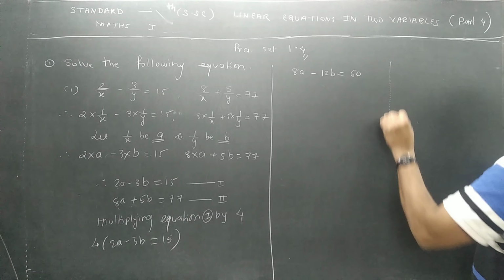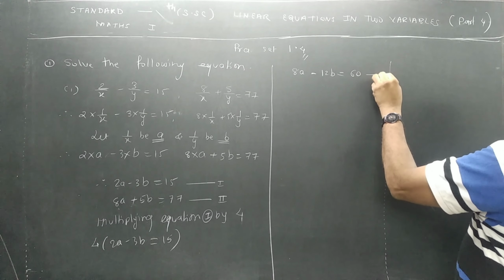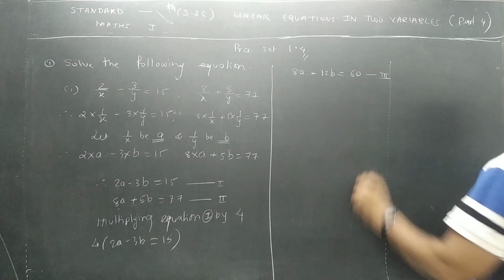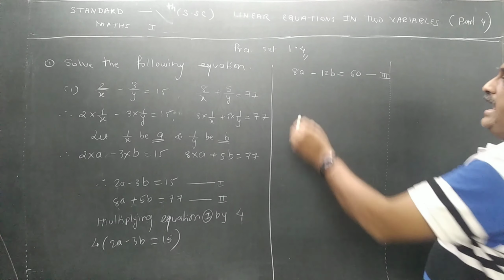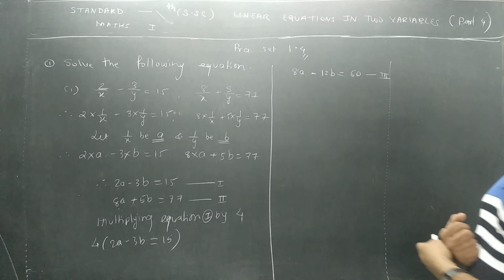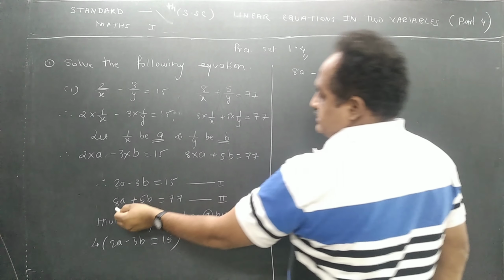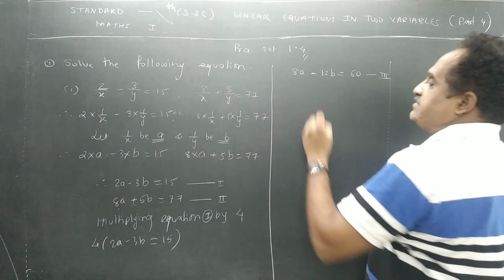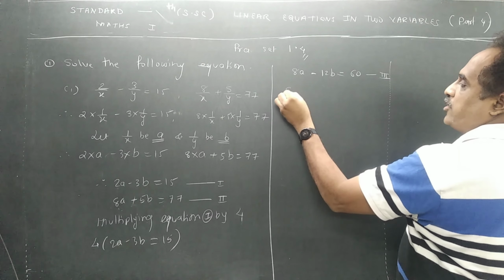This is equation number 3. Now you just see 8a is there, here also 8a. Now if you compare equation 2 and equation 3, 8a and 8a is there. Again they have the same sign.